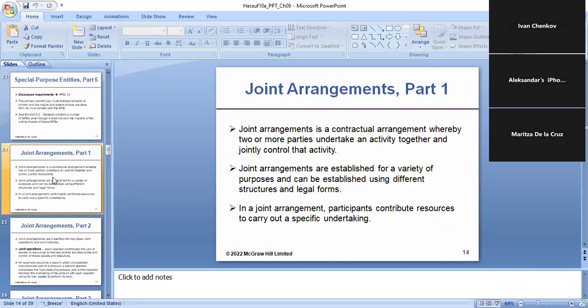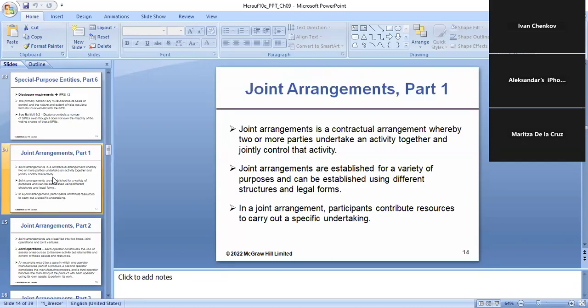Now, the joint arrangement itself is a contractual agreement where two or more parties undertake an activity together and jointly control that activity. Joint arrangements are established for a variety of purposes and can be established using different structures and legal forms.